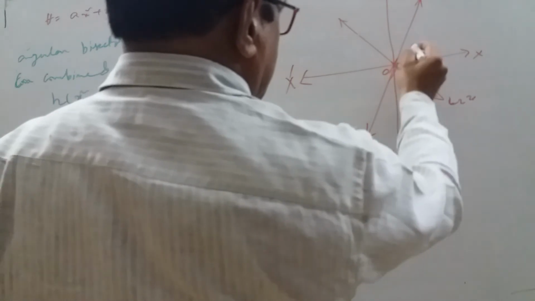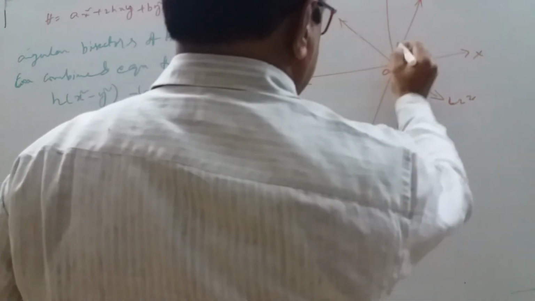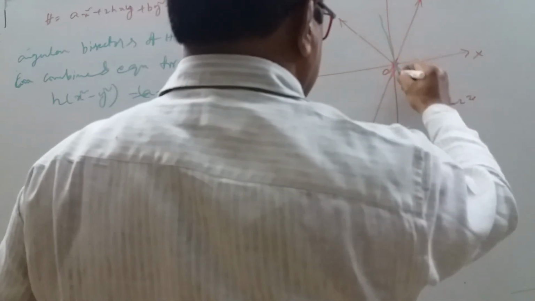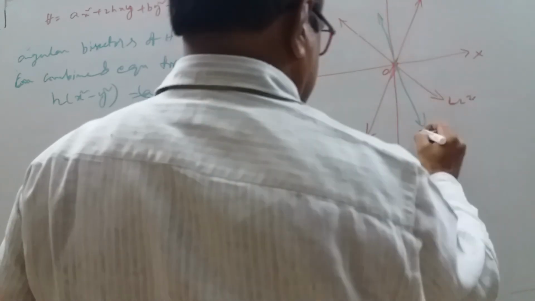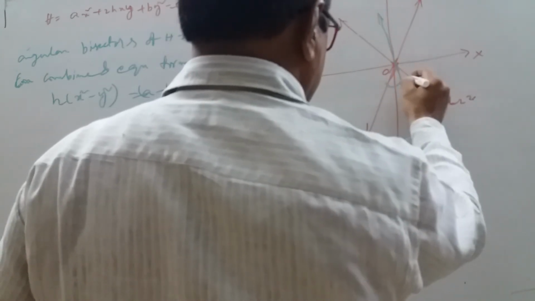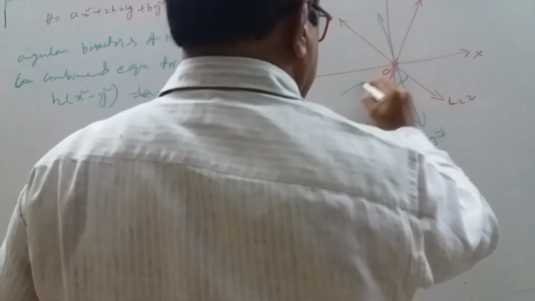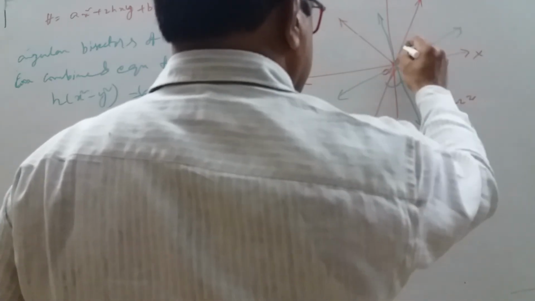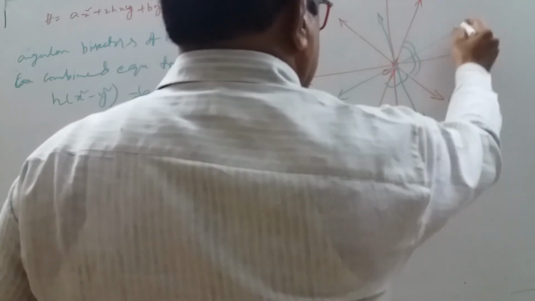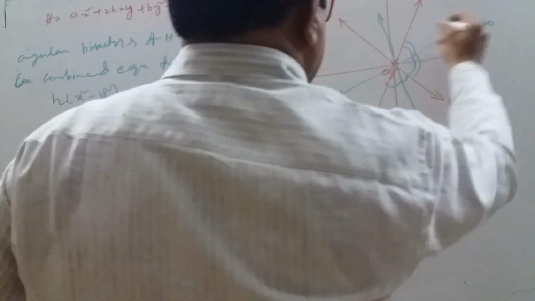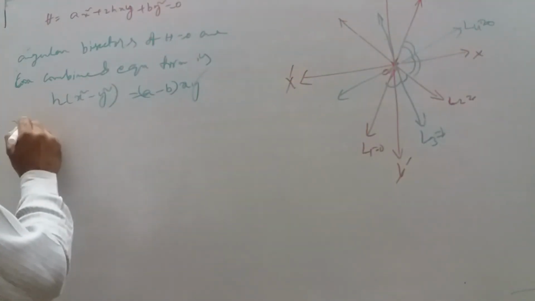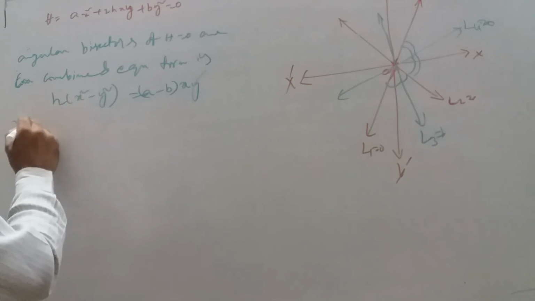That means if these two straight lines like this are the angular bisectors, this L3 = 0 and this is another one, L4 = 0.